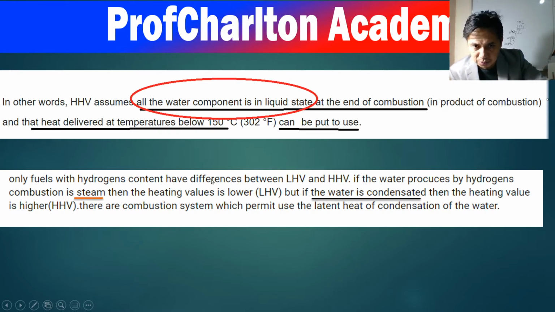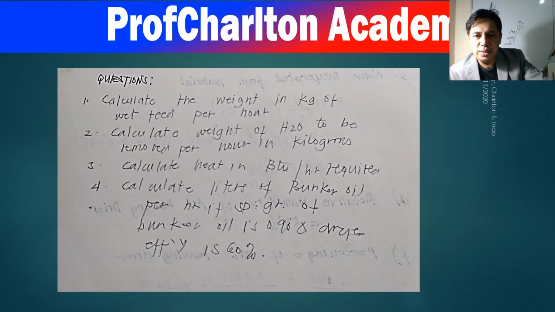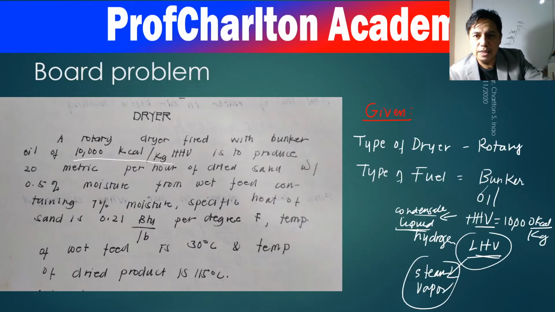When we consider the water in condensed form, it is the higher heating value. So it's just additional knowledge for students and teachers: how do we differentiate the higher heating value and the lower heating value? But I think in this case, we are considering the higher heating value.